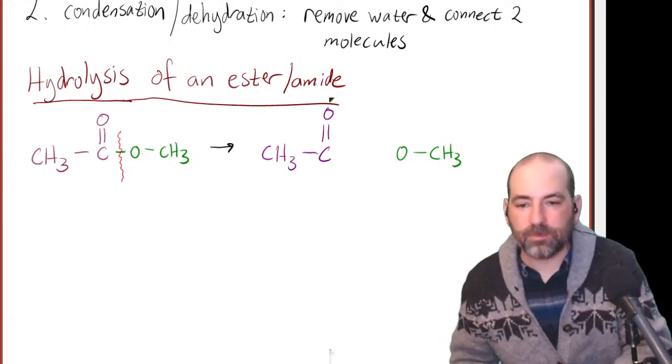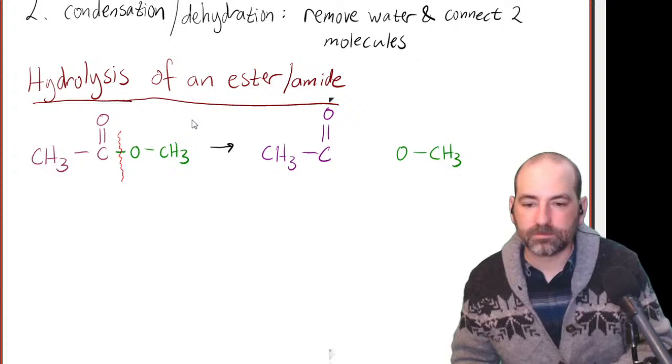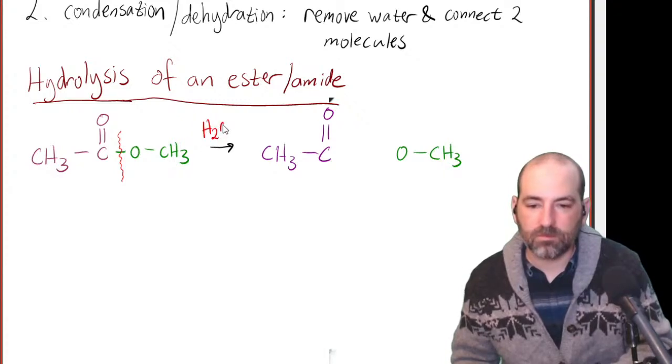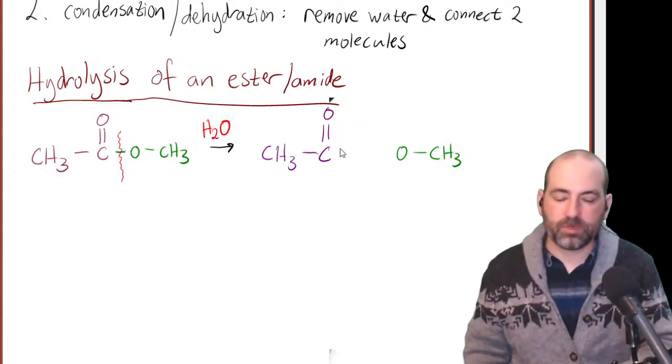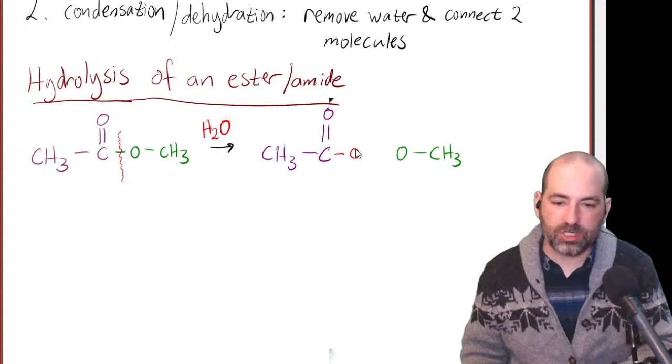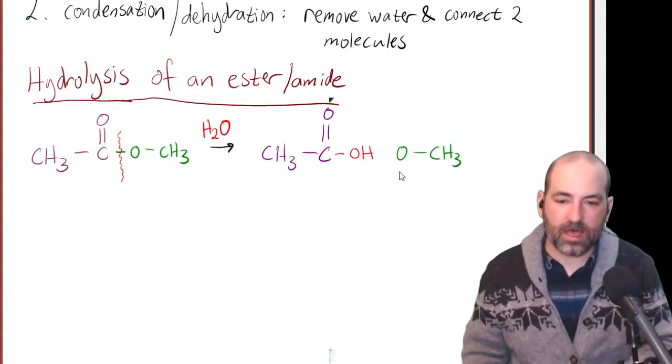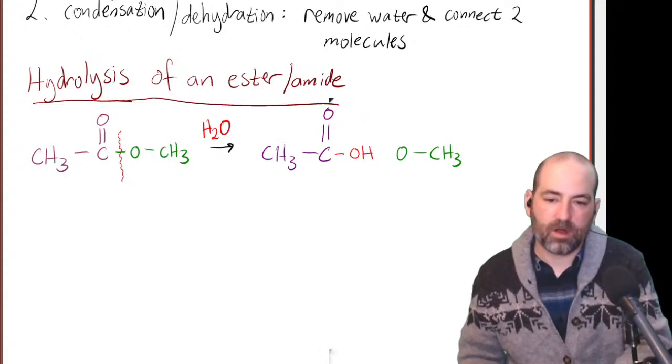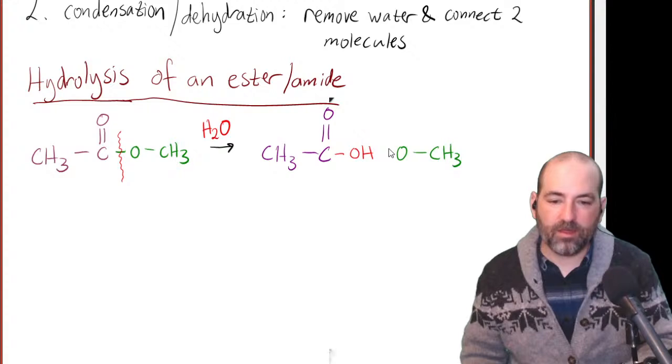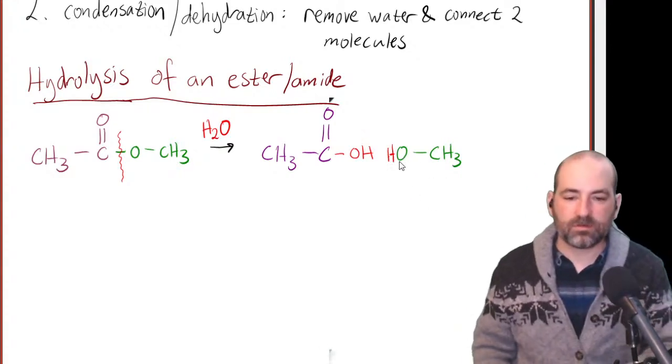And so this is what happens when we add water, is the water also splits up, and the OH goes on one side, or part of the OH goes on one side, and the other H goes with the other oxygen. So now we have 2 molecules.